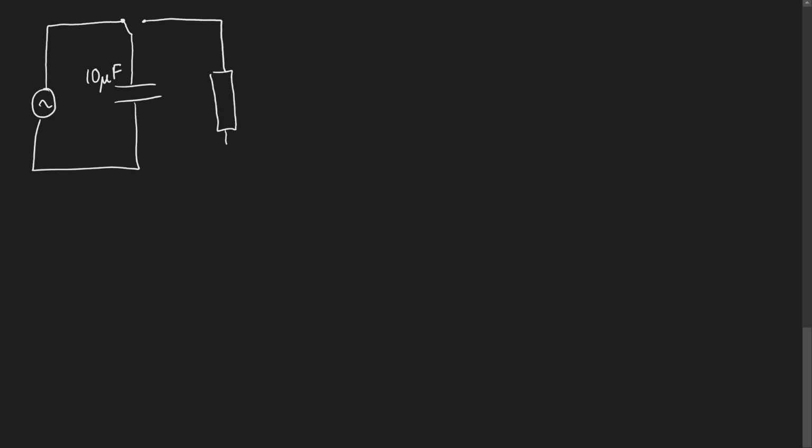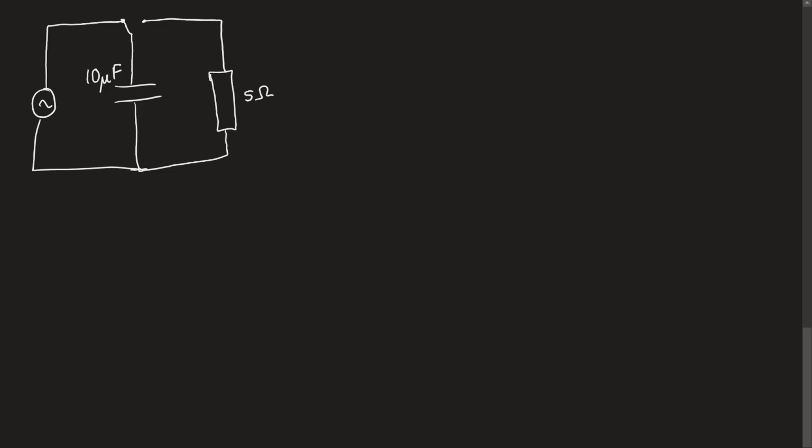We have an EMF source, we have this double switch again, and we have a capacitance of, let's go with, 10 microfarads. This is what a usual capacitance reading would be. It tends to be quite a small amount of charge. And let's say we have a resistance of 5 ohms, for example.